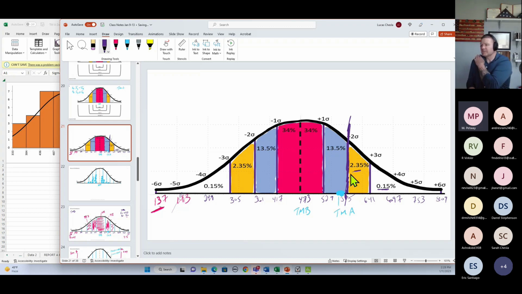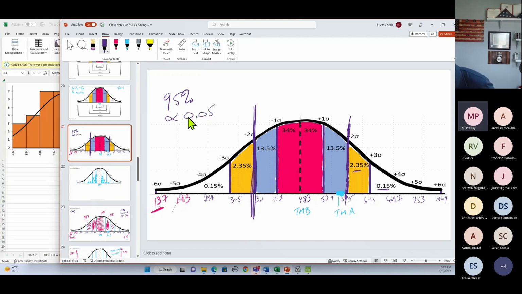And what it says is, if I have a two-tailed test, I have 95% confidence, alpha of 0.05, it's saying this 2.5% on this side, 2.5% on this side, this is a reject the null. I just call it a reject the null region. So remember, reject the null region.